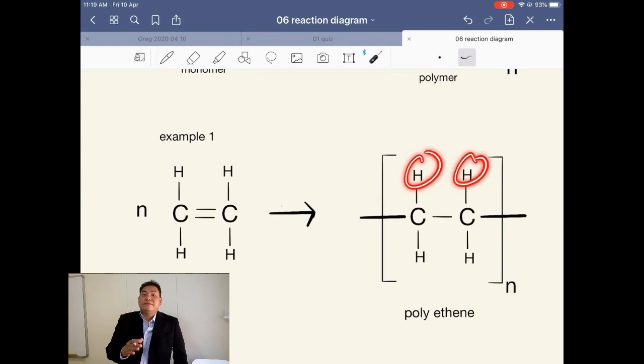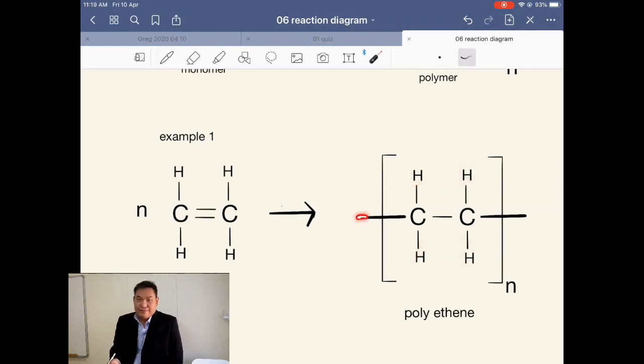The name of the polymer, very simple. You just add the word poly in front of the name of the monomer, and you're not allowed to change anything. You just add the word poly, right? So if the monomer is ethene, the name of the polymer is polyethene.